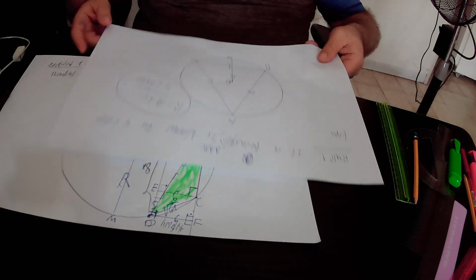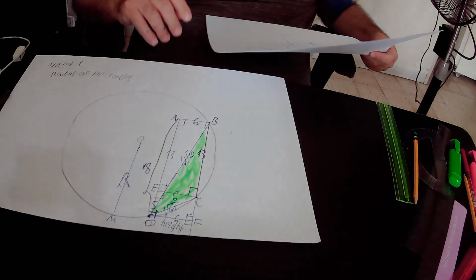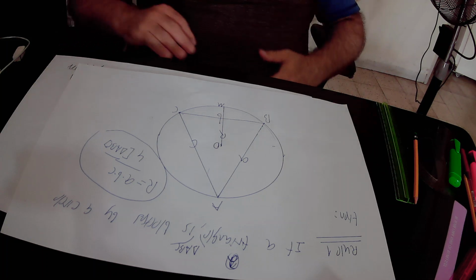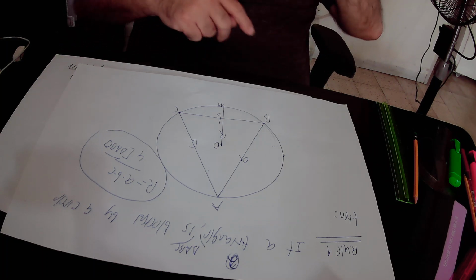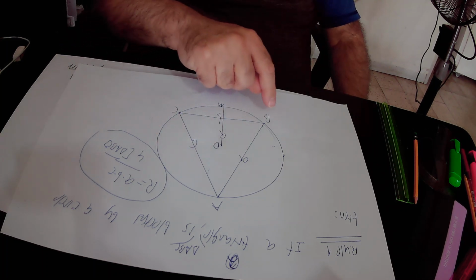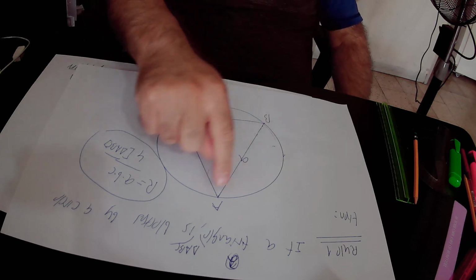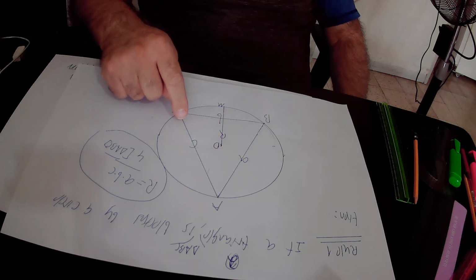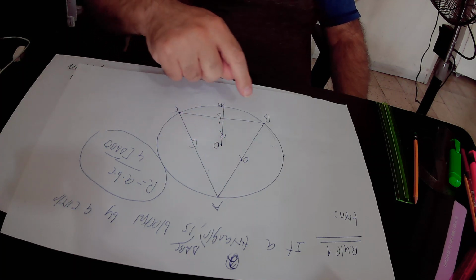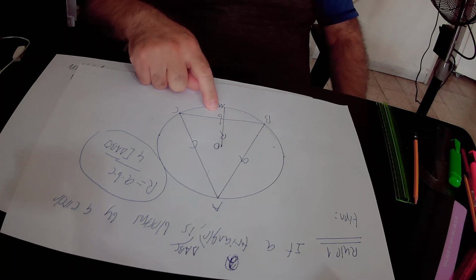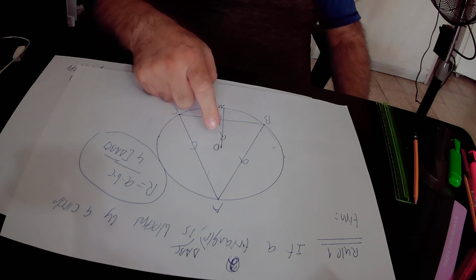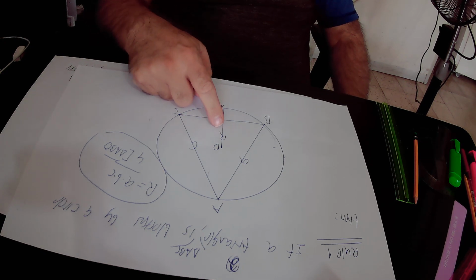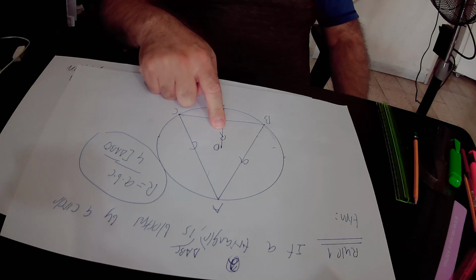Then I presented to you rule number 1, and we implemented rule number 1 in our drawing. According to rule number 1, if we have this circle, inside this circle we have triangle ABC. Side AB equals A units, side AC equals C units in its length, and side BC equals B units in its length. And the center of this circle is point O, and the radius of this circle equals capital R according to our definition.